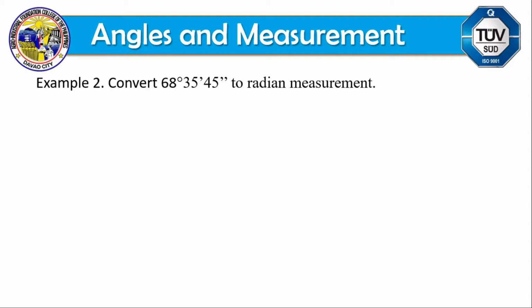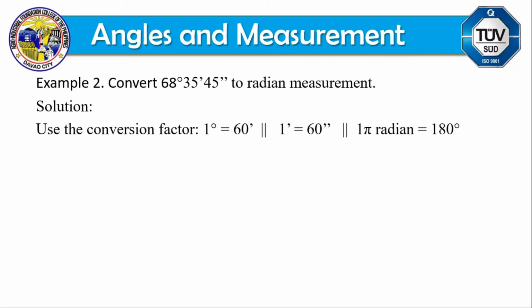For our next example, example number 2: convert 68 degrees, 35 minutes, and 45 seconds to radian measurement. Our problem earlier was a bit simpler compared to this second problem. For the solution, we'll be using 3 conversion factors.